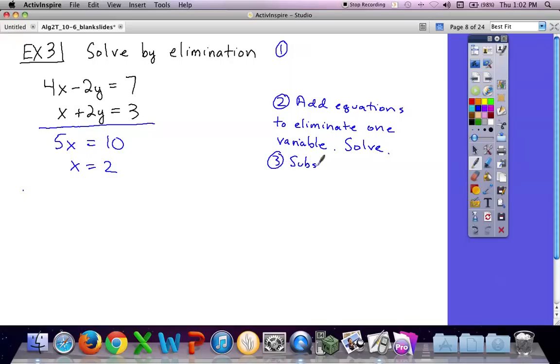Okay, 3. Substitute that answer into one of the original equations.